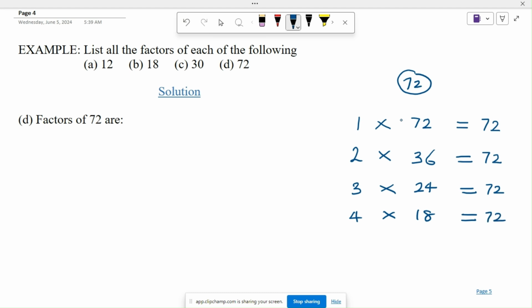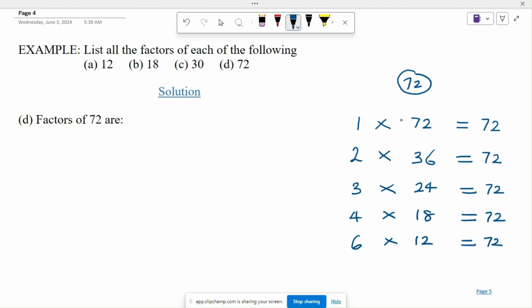Do we still have any other number? What of 5? 5 will not work. There is no whole number that you can multiply by 5 to give you 72. Then we move to the next one, which is 6. 6 multiplied by 12 can have that. 6 by 12 will give us 72. Another one, 7. 7 cannot work.